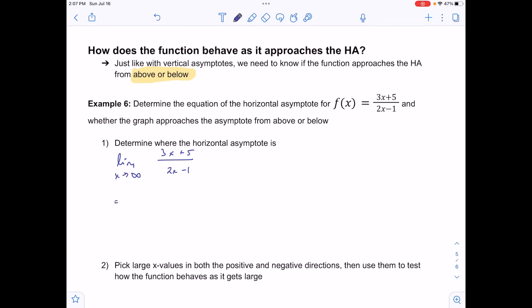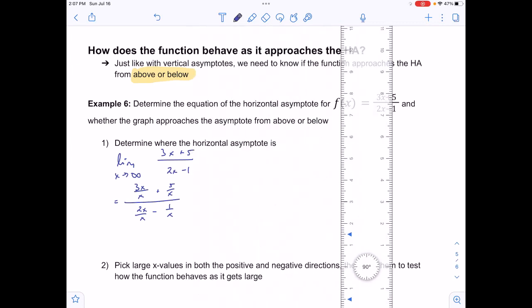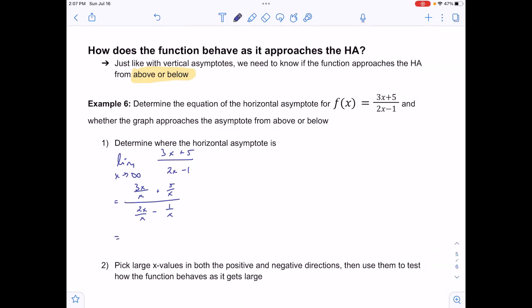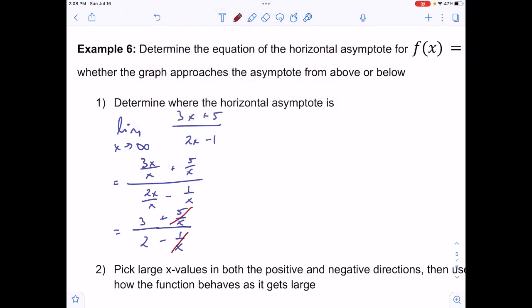I divide every term by x. I'm going to simplify. And we know that those last two terms aren't going to be contributing much, so I can just ignore them.